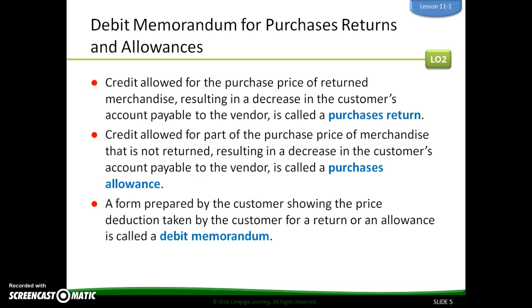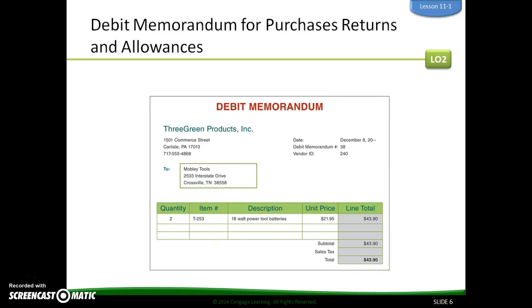And then the form that we would use to document this, because remember we always need to have paperwork so that we have some kind of audit trail, is called the debit memorandum. So here it is, we're looking at a debit memorandum, and you can see that we're receiving a debit of $43.90 based on some power tool batteries.